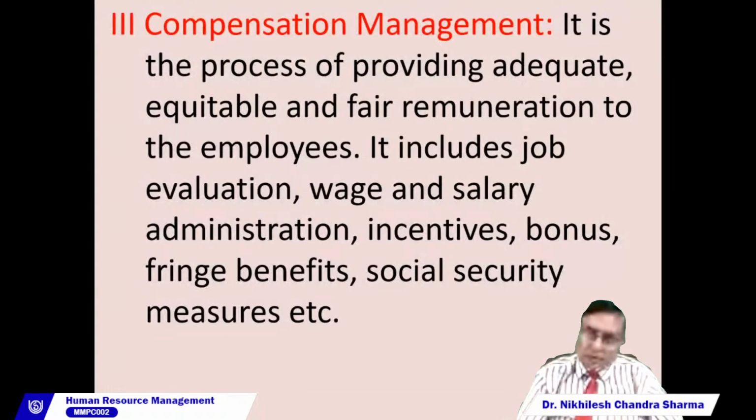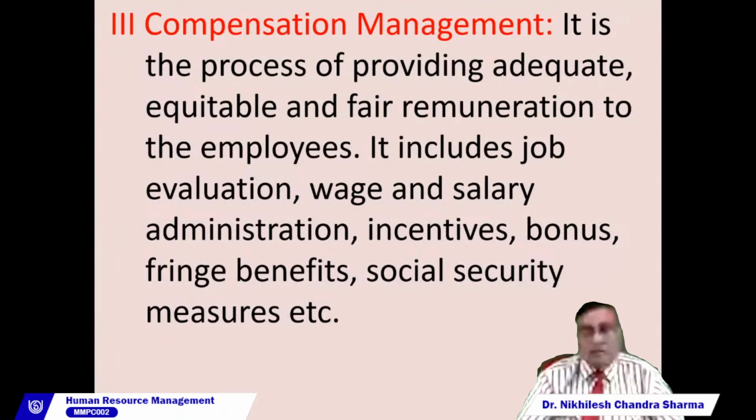It is very important, students. Compensation management includes job evaluation, wages, salary administration, incentives, bonus, fringe benefits, and social security also.